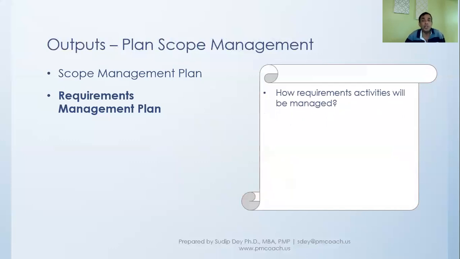Maybe we'll be doing a lot of interviews, maybe some workshop, and so on and so forth, and as well as some of the changes that might come. And in the process, there will be different configuration management activities and changes, and so on and so forth. How will that be managed?